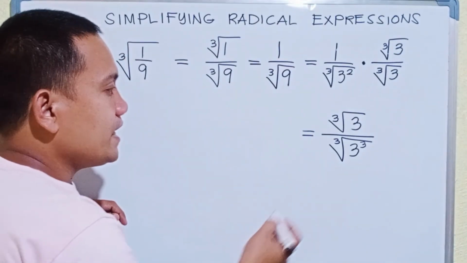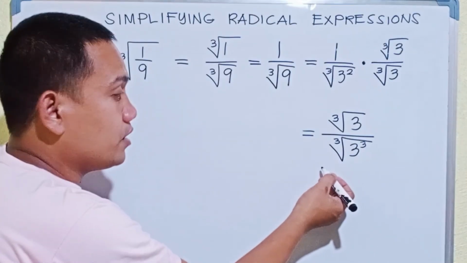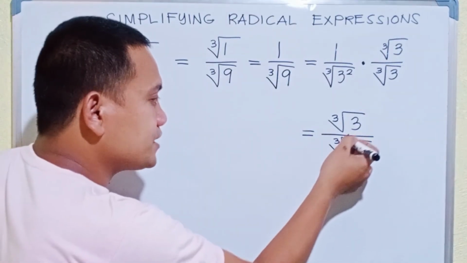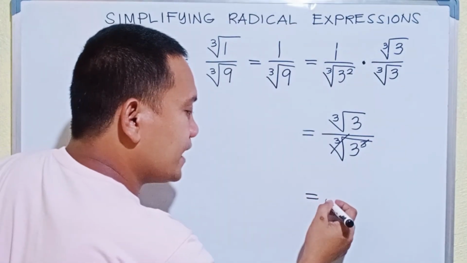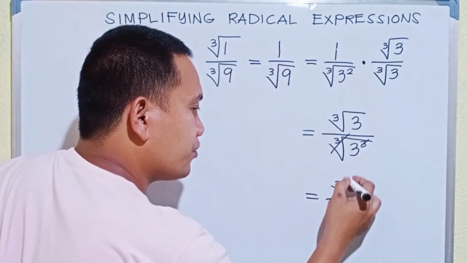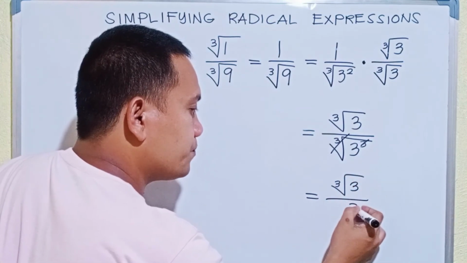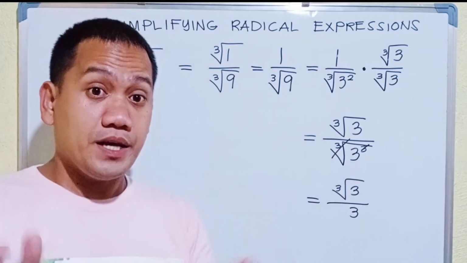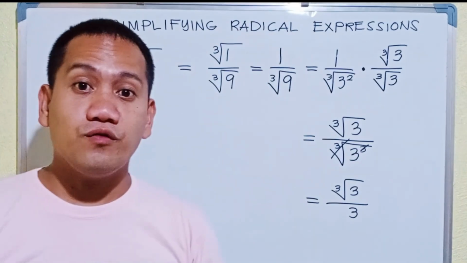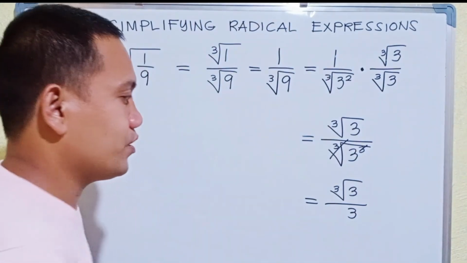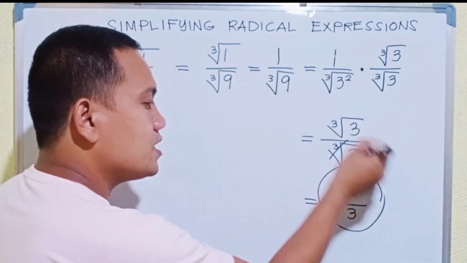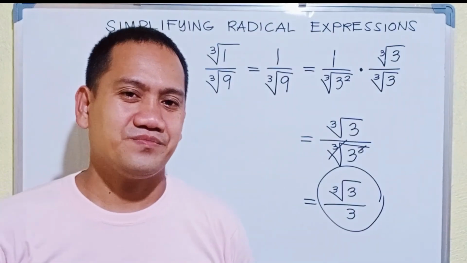So we can eliminate now our radical symbol because our index and exponent are the same. So we will write cube root of 3 all over 3. So this means simplifying cube root of 1/9 is equal to cube root of 3 all over 3. So this would be our answer.